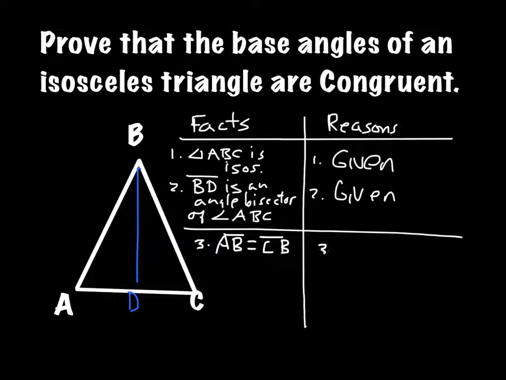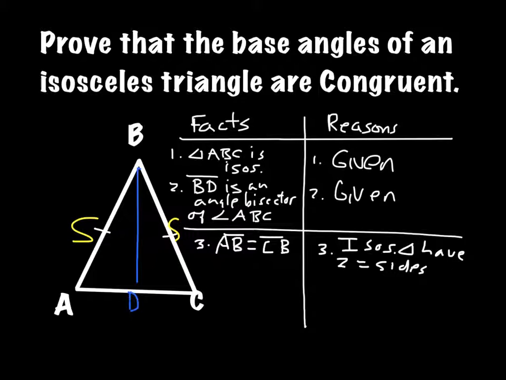Why? Because the triangle is isosceles, and isosceles triangles have two equal sides. So that gives me a side matching up with a side just to start off with.